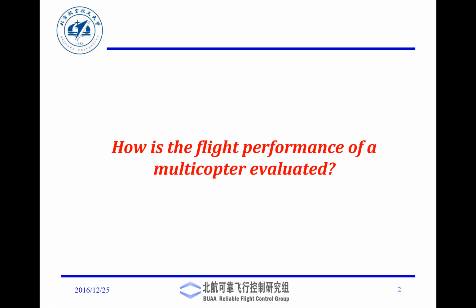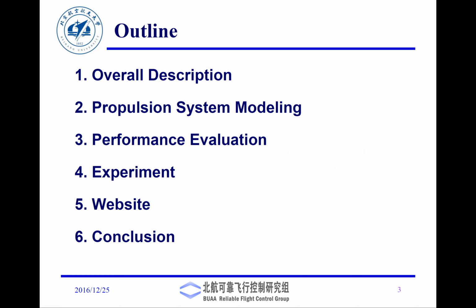Let's talk about the outline for today's talk. In today's discussion, we are going to talk about how we model a propulsion system. When I say propulsion system, it's the motor, the prop, the ESC, and the battery.